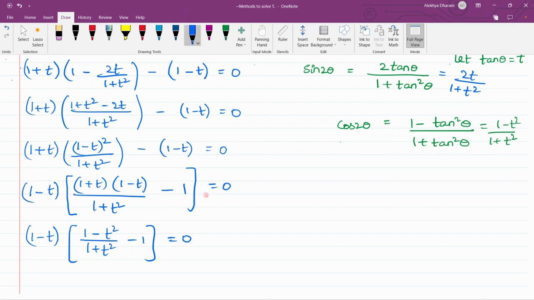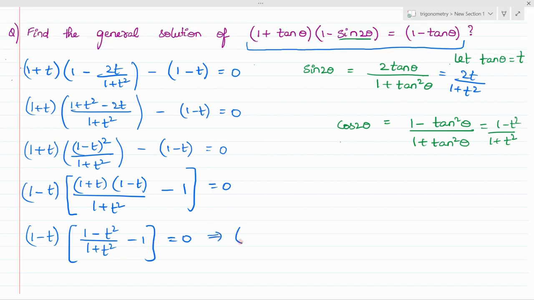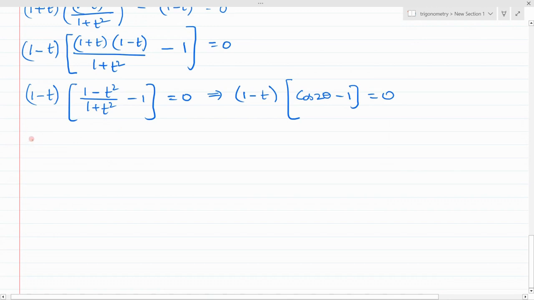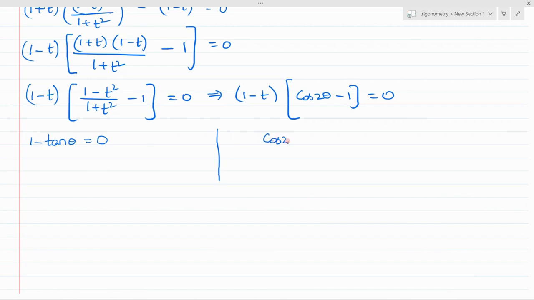So this can be written as 1 minus t, and this is nothing but cos 2 theta minus 1 is 0. From here, we'll get two cases, that is 1 minus tan theta is 0 or cos 2 theta minus 1 is 0. So here tan theta is equal to 1, which is nothing but tan pi by 4.